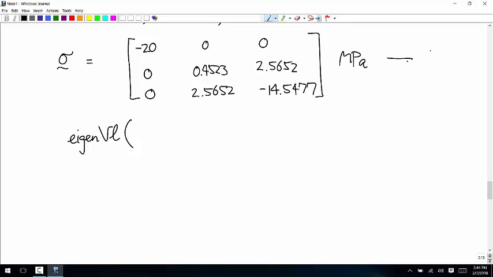Let's call that S, stress. So eigenvalues of this matrix S, and that'll just spit out these three values.